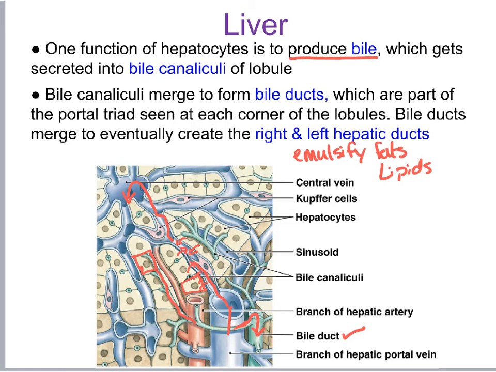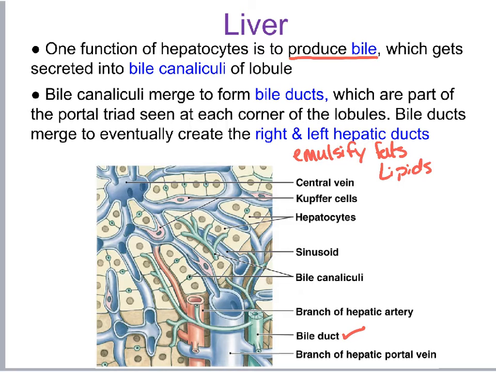So before I forget, let me erase some of this stuff and let me explain one other thing to you. And that's what a hepatic triad is. If you think about that phrase, it's a triad, so it's going to be made of 3 structures.